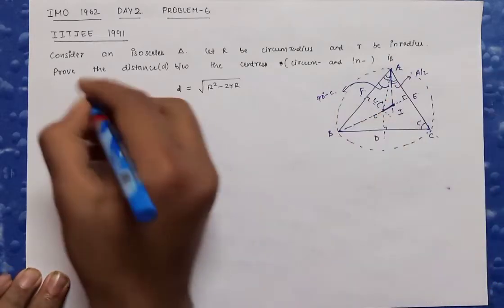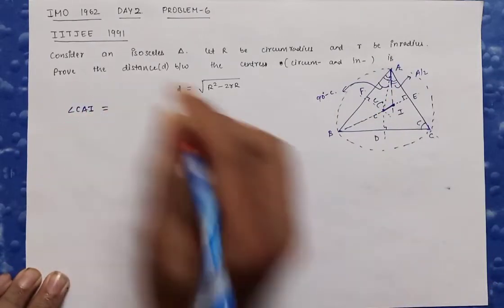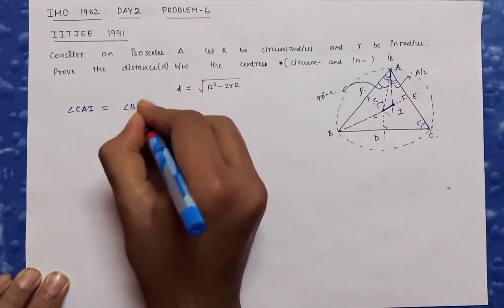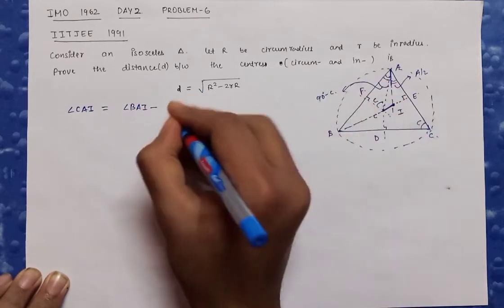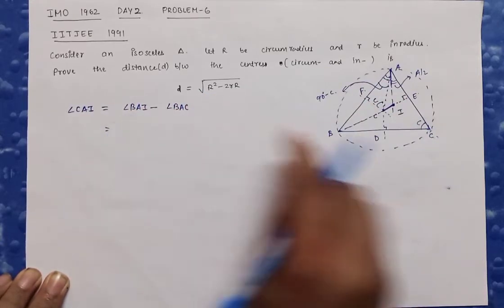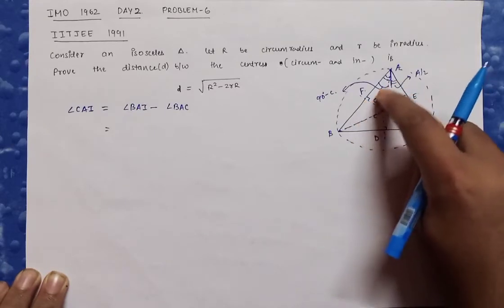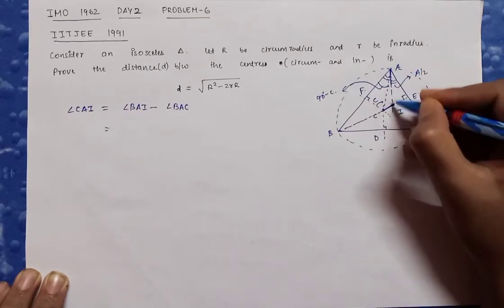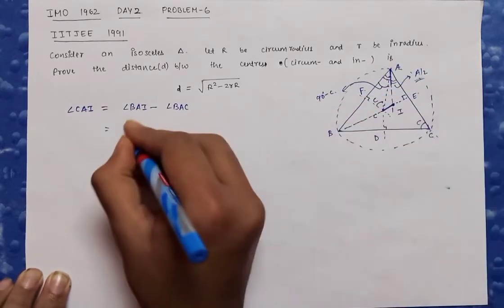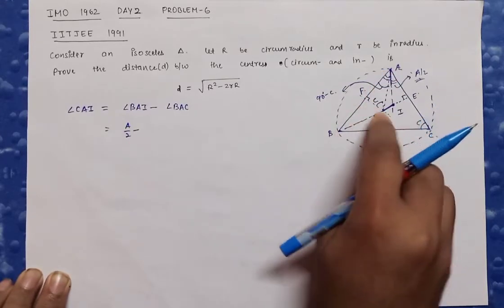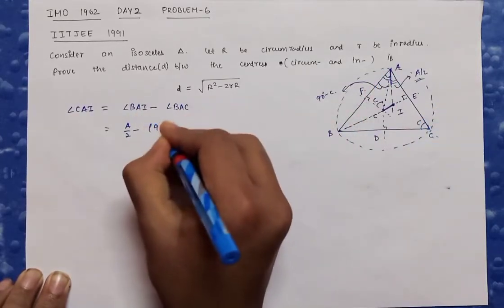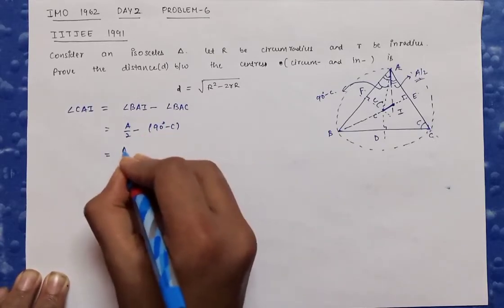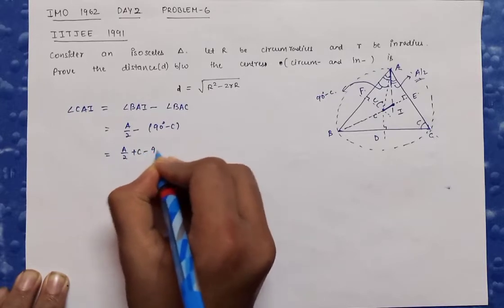Now let's calculate the angle CAI. Angle CAI is nothing but angle BAI minus angle BAC. And when we were marking those angles, we got that angle BAI is A by 2, and angle BAC was 90 minus C. Now you can write it more clearly like this: A by 2 plus C minus 90 degrees.